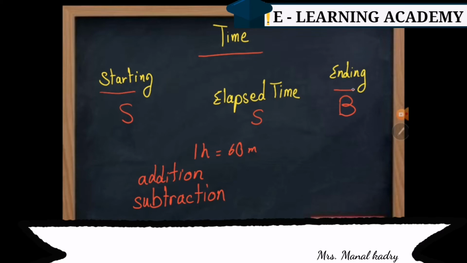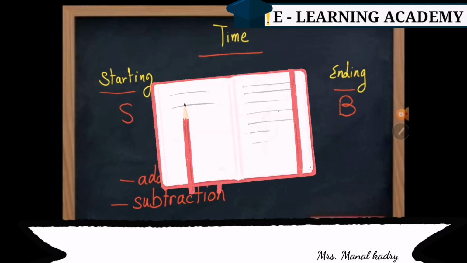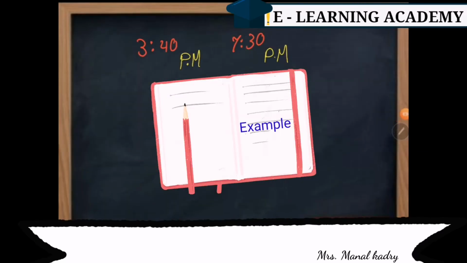If I have the ending time, I subtract either of the others to get the remaining one. If I have the starting time and the elapsed time, I add them to get the ending time. So this is just like normal addition and subtraction. I just need to understand what I have and what is missing.